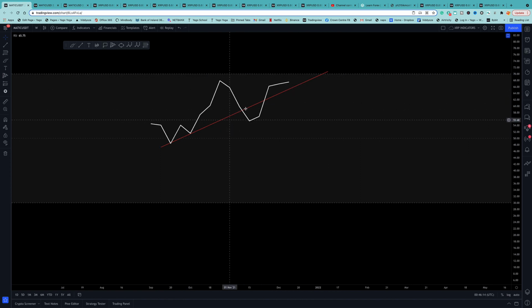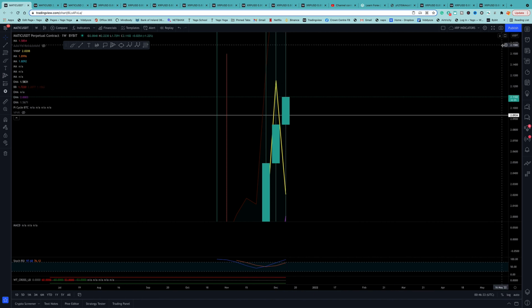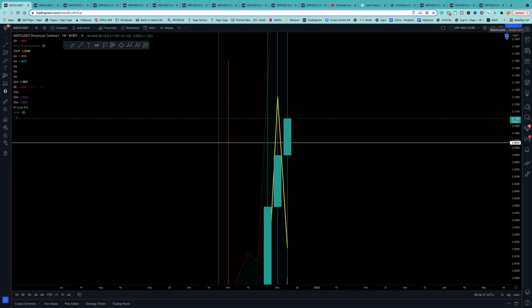So imagine holding MATIC for 4 years. Even if it has a big up and a big down, it's going to have another big up and another big down. So the longer you hold it, it's just continuously going up and up and up, and it's exponential. So if you held on to your MATIC for 4 years, they will be worth a lot. If you did nothing with them but just held on to them, it is well worth it.